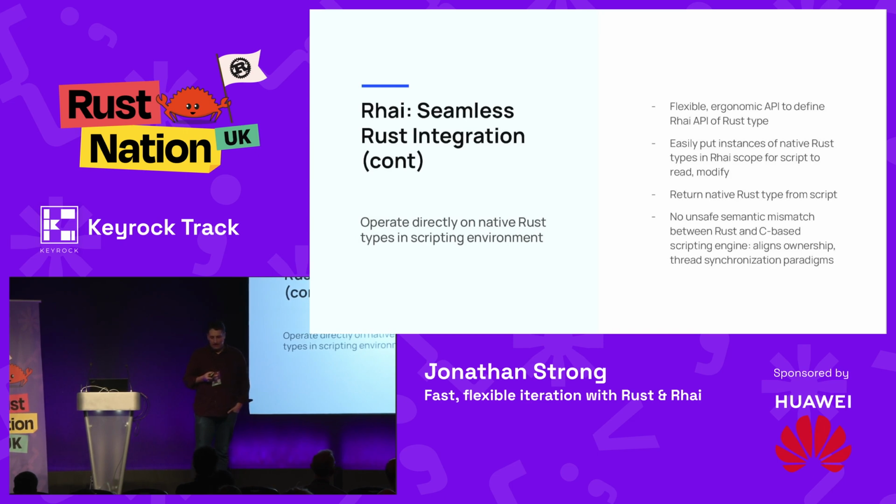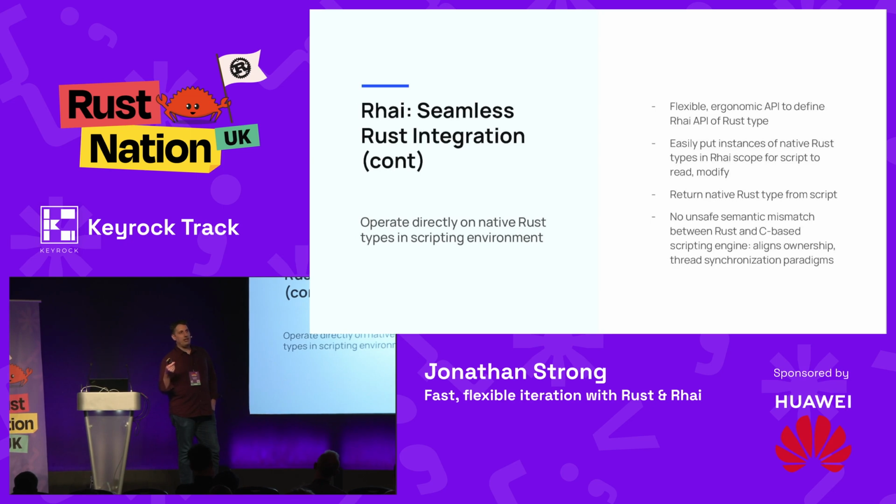And then I think, obviously embedded scripting has been used for a long time, and Lua is the most popular scripting language that you would use. It's got a rich history of being used in gaming engines, for instance, which is kind of a similar situation to trading. But one thing you'll run into if you try to do Lua with Rust is this semantic mismatch between Rust and the C-based scripting engine that you want to use.